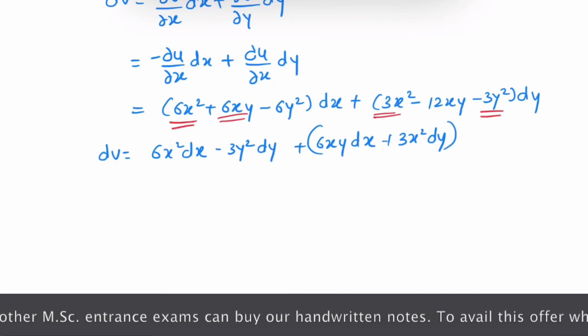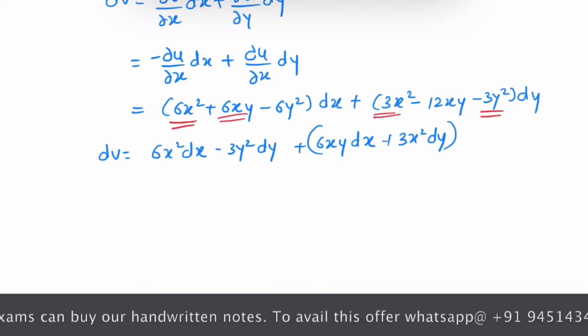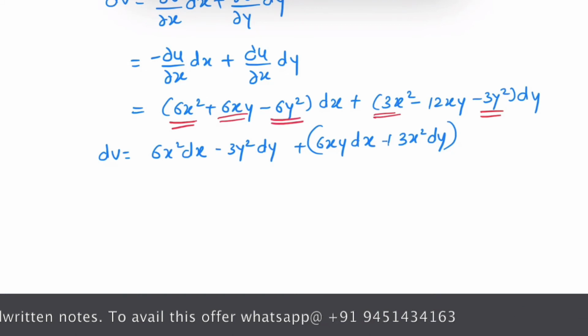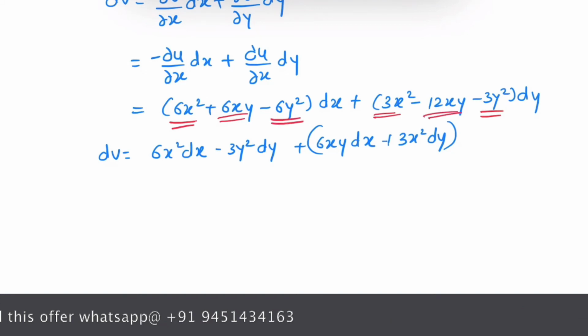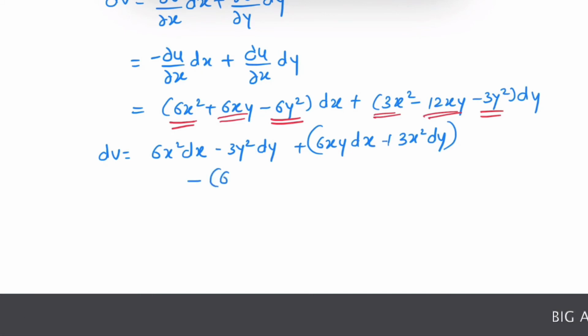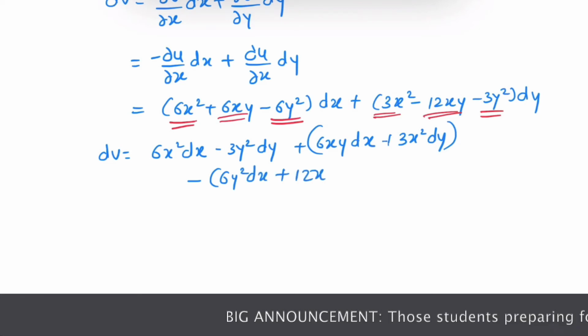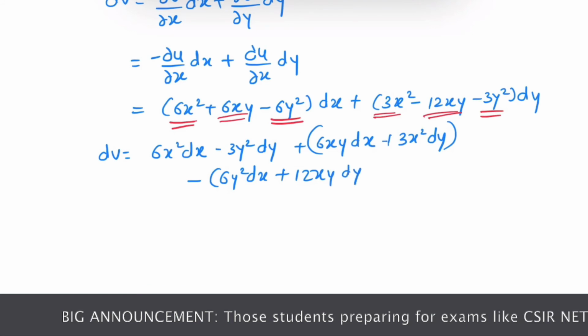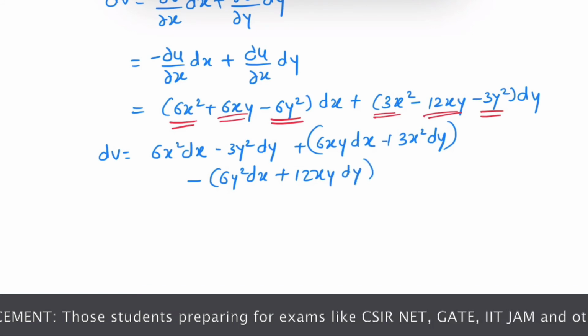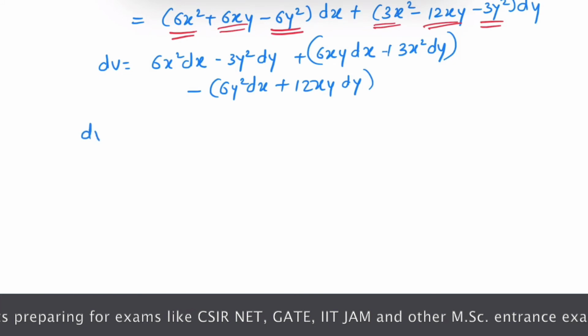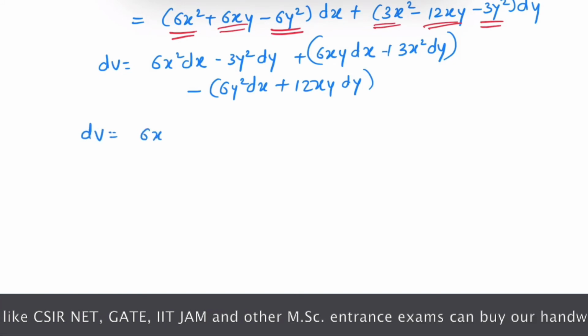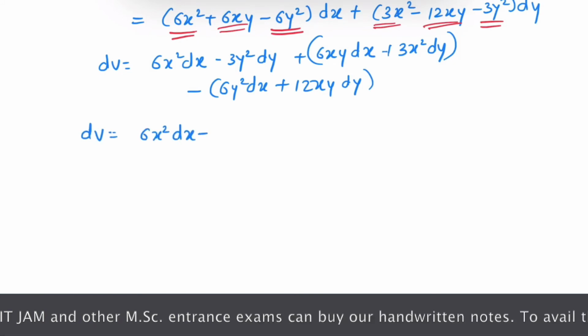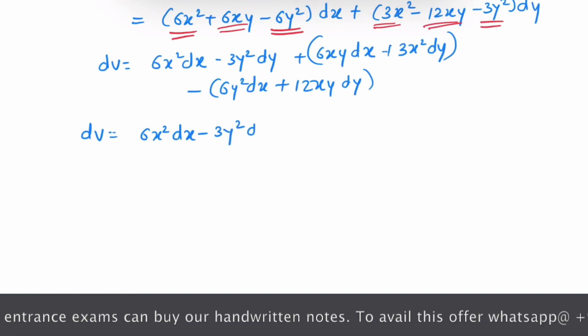Now writing the rest of the terms, they are -6y² dx and -12xy dy. Now let's simplify this, so we have dv = 6x² dx - 3y² dy.